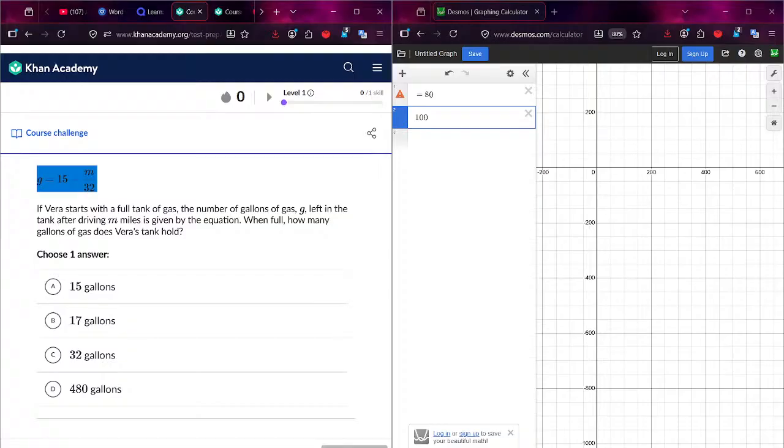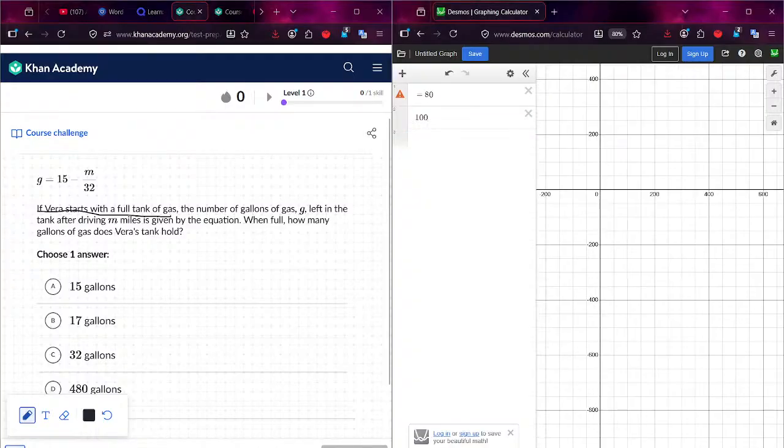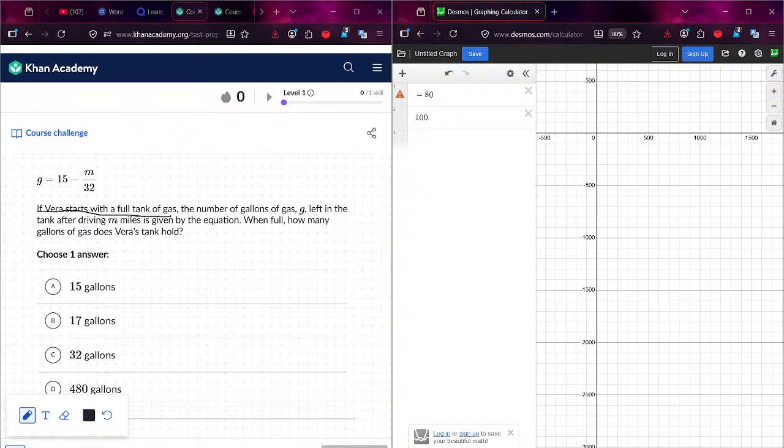Starts with a full tank of gas is our key phrase here. Because it starts with a full tank of gas, that means our y-intercept is how much it has, and at the y-intercept, the x is going to be 0. So we're going to set our x, which is our independent variable, m, equal to 0.